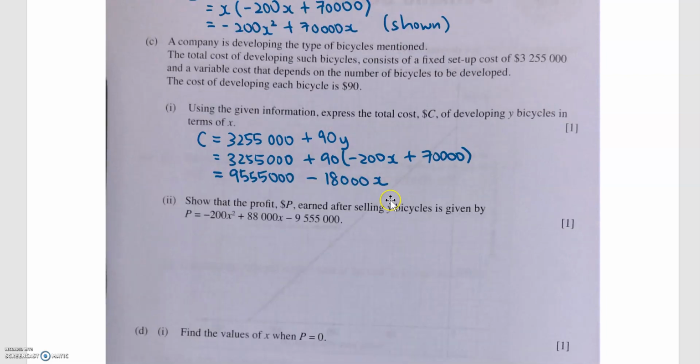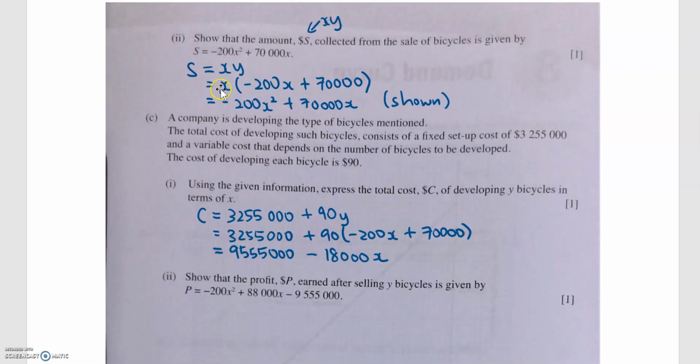Okay, so in part B, part 2, we have shown that the amount collected from the sale of bicycle is given by this equation. In C, part 1, the cost of developing the Y bicycles would be given by this expression.